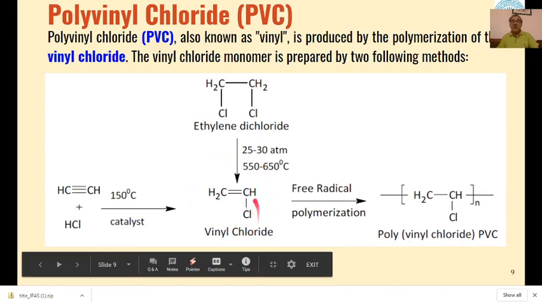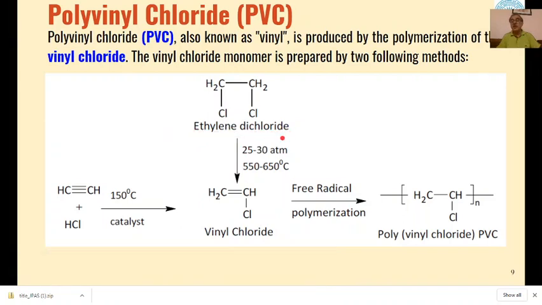And this vinyl chloride itself can be synthesized by two methods: either by reaction of acetylene with HCl gas at 150 degrees centigrade in the presence of some metallic catalyst, or by ethylene dichloride undergoing dehydrohalogenation at high temperature and pressure.